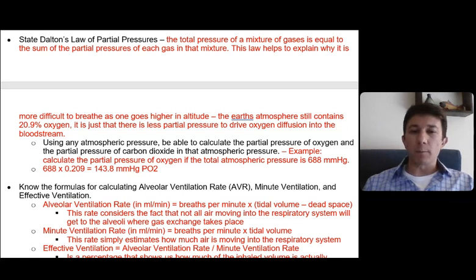You could also multiply it by 0.21, which is the decimal form of 21%. And you should get somewhere around 143.8 millimeters of mercury for the partial pressure of oxygen. So I say PO2 there because the term PO2 means partial pressure of oxygen.